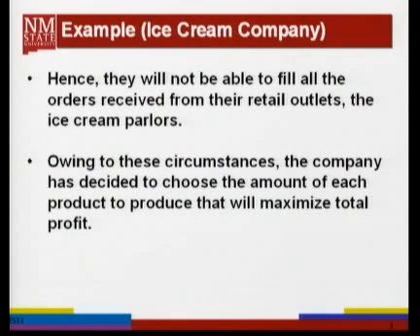Owing to these circumstances, the company has decided to choose the amount of each product to produce that will maximize total profit, given the constraints on supply of the basic ingredients. Okay?